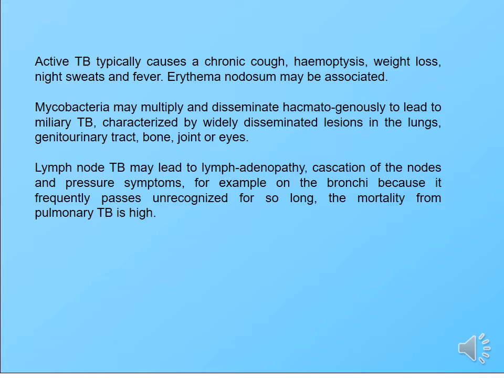Lymph node tuberculosis leads to lymphadenopathy, caseation of nodes and pressure, for example on the bronchi, because it frequently passes unrecognized for so long. The mortality from pulmonary TB is high.